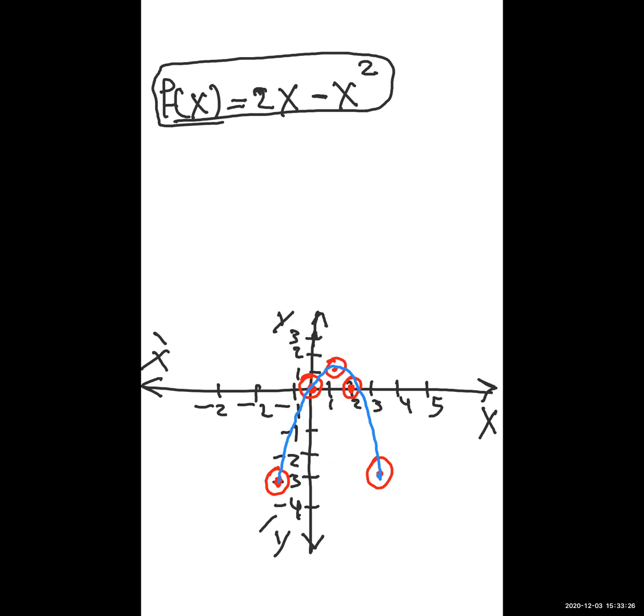So now, first, I will get the vertex point of the curve. Vertex point of the curve means this point on the top of the curve, this one.